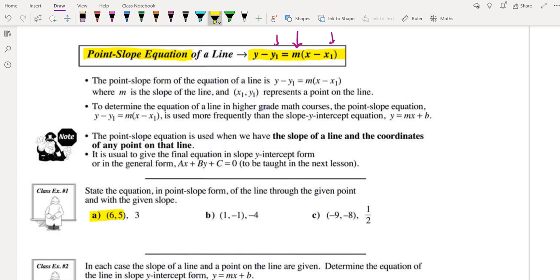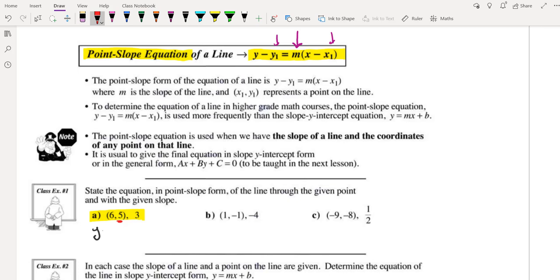So let's put this equation to work. Example 1, we're given a point on the line, (6, 5), and the slope of 3. Determine the equation in point slope form. So it's going to be y minus our y value. Well, the y value is 5.